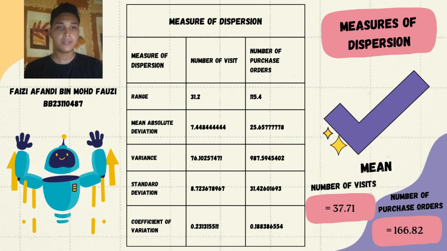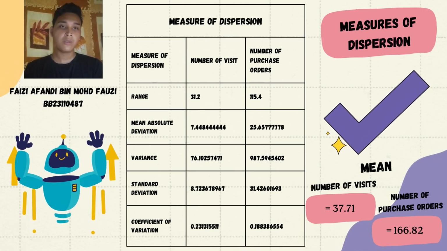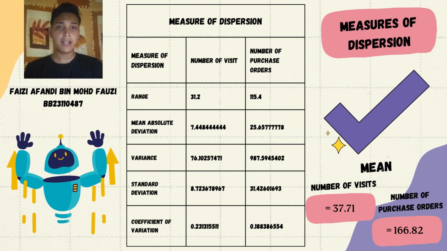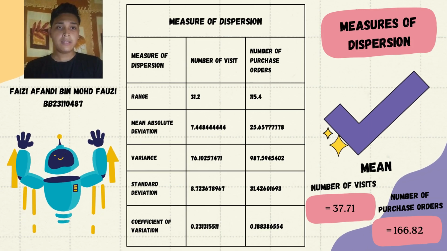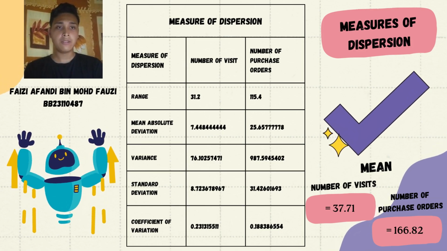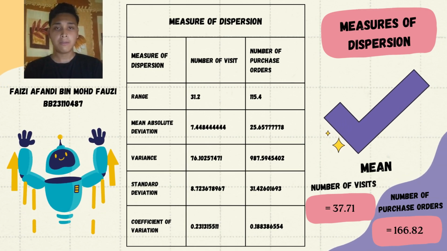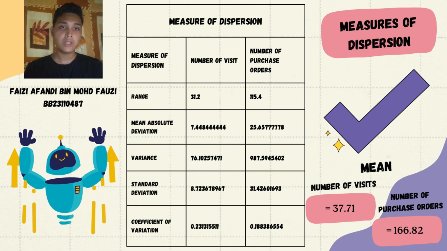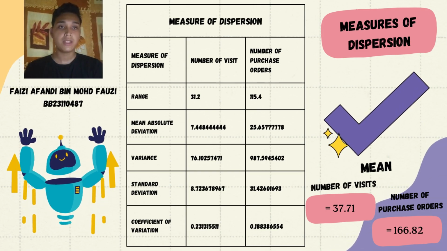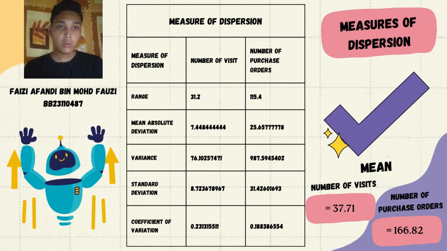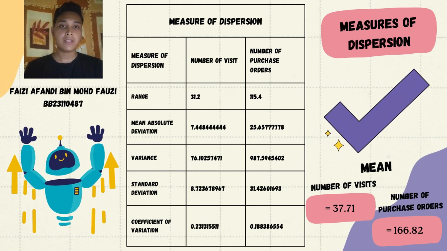So I use the mean and standard deviation to find the coefficient of variation. After I divide the standard deviation by the mean, the answer I got is 0.23 for number of visits, and 0.19 for the number of purchase orders.